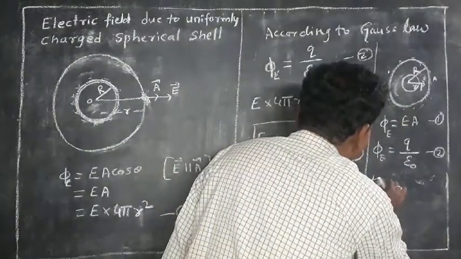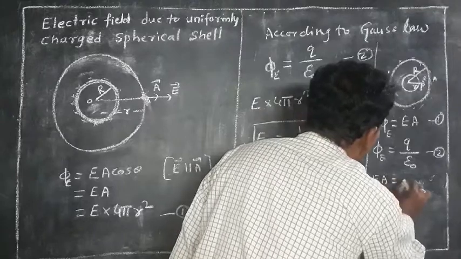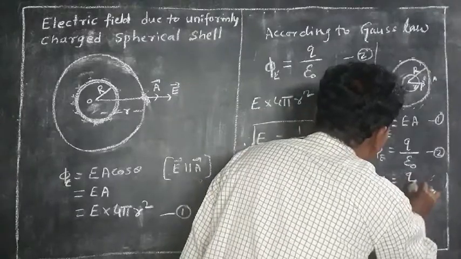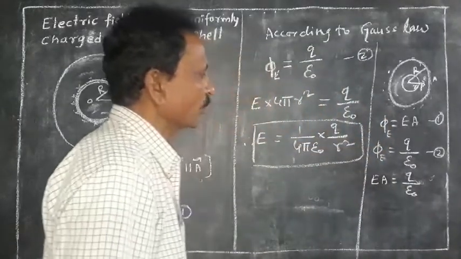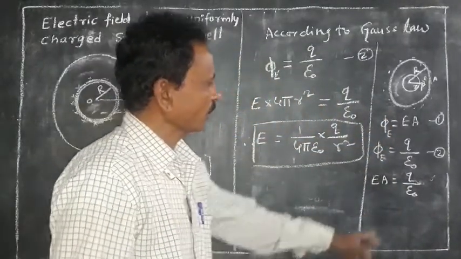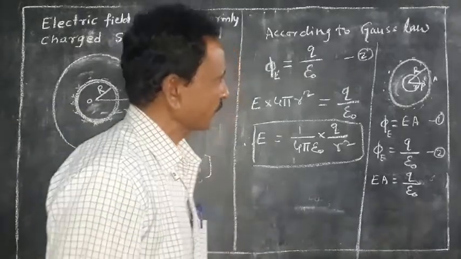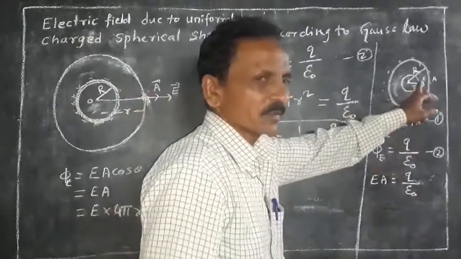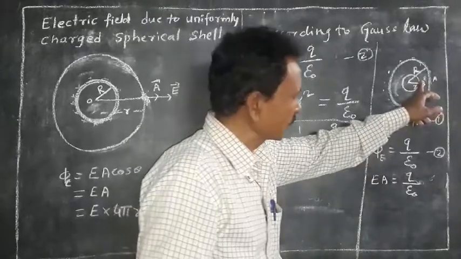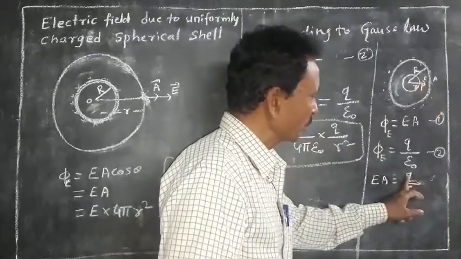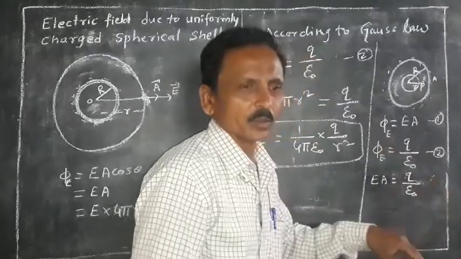Therefore, EA is equal to Q upon epsilon naught and E equal to Q upon A epsilon naught. But inside the sphere there is no charge. If Q equal to 0, E equal to 0.